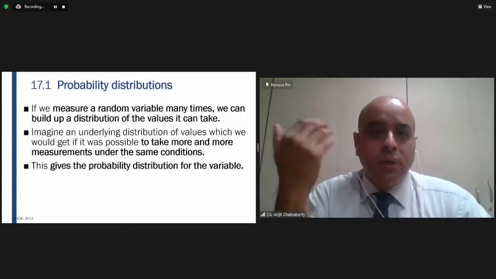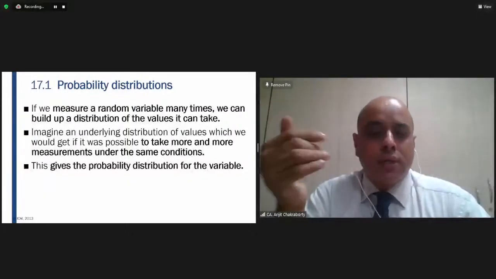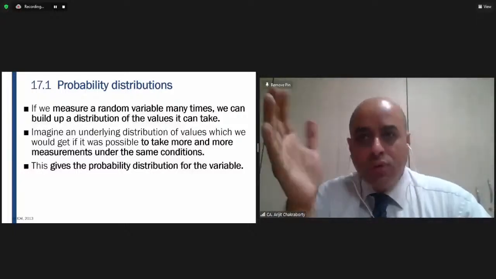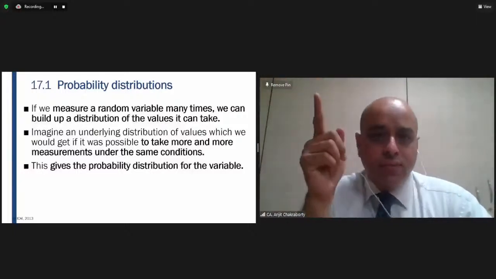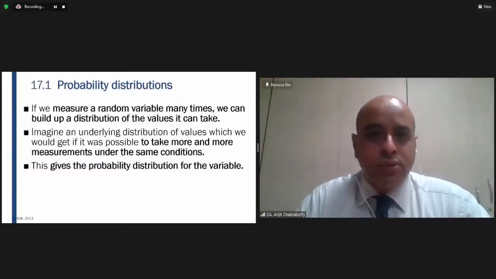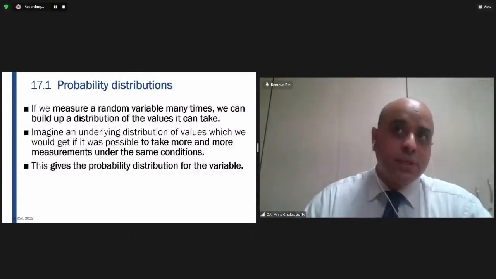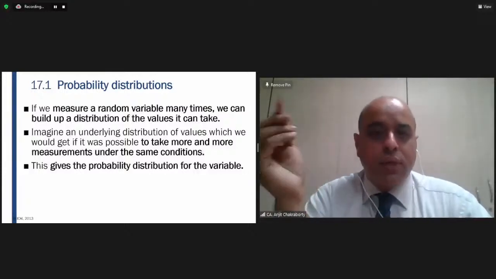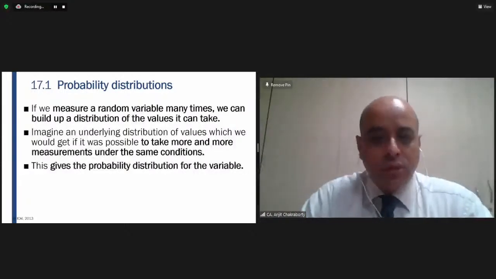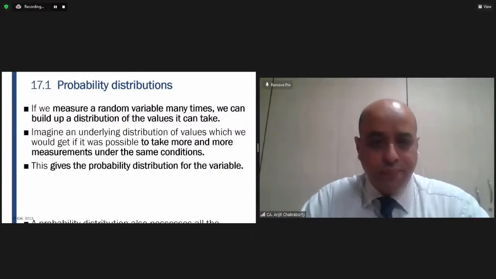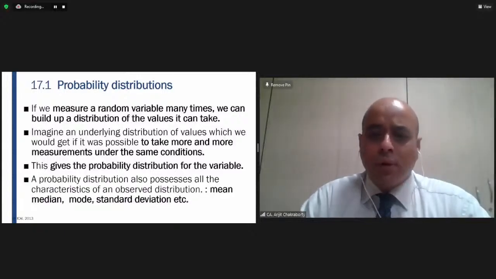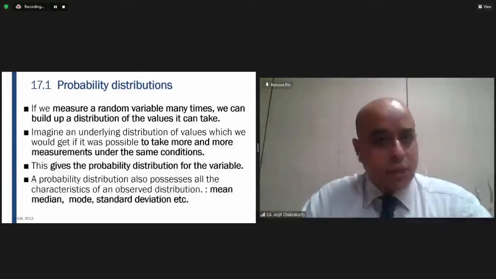For example, if you are throwing a coin or a dice 50 times, you will be able to count how many times we have got 5, how many times we are getting 4, how many times we are getting 2. From the number of times, you can find out the probability, and this is called the probability distribution of the variable. A probability distribution will also have mean, median, mode, and standard deviation.